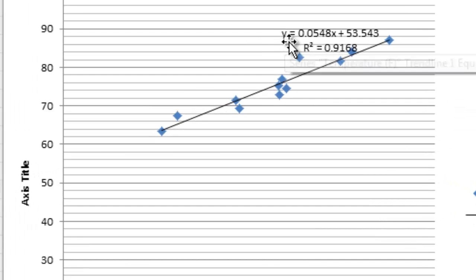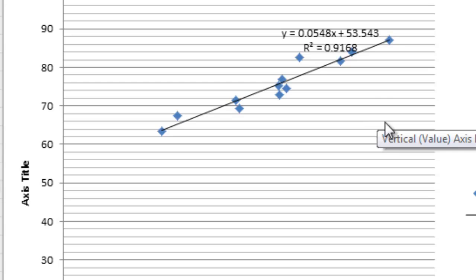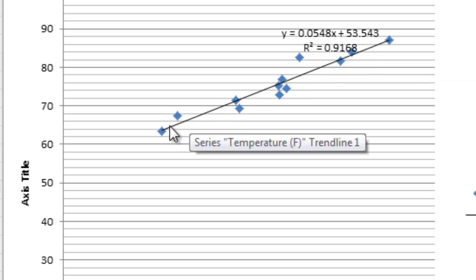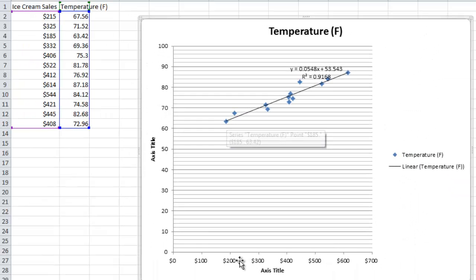I've got an equation, y equals 0.0548x plus 53.543, which is the equation of this line. For any x value, going across here, I multiply it by 0.0548 and then add 53.543, and I'm going to get my y value.